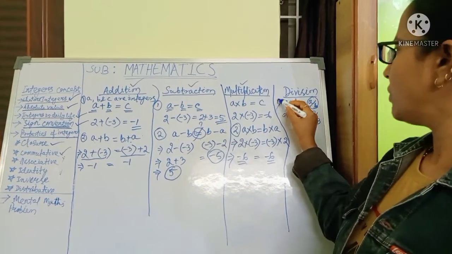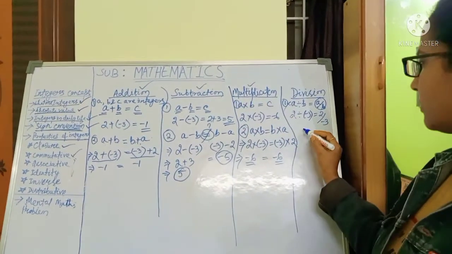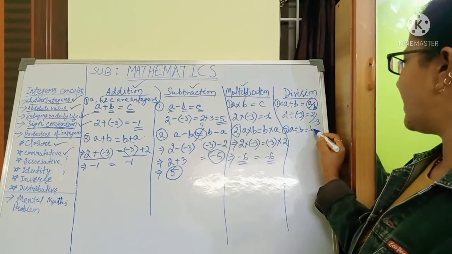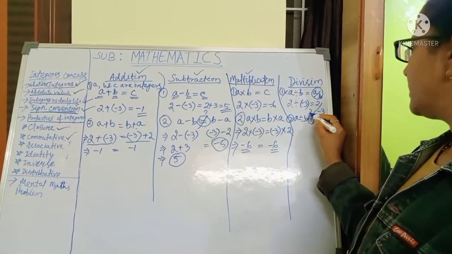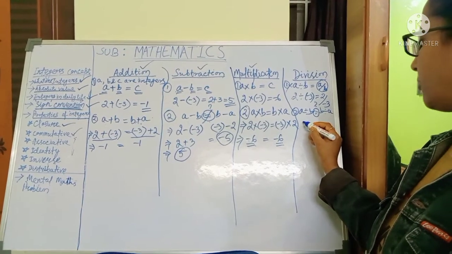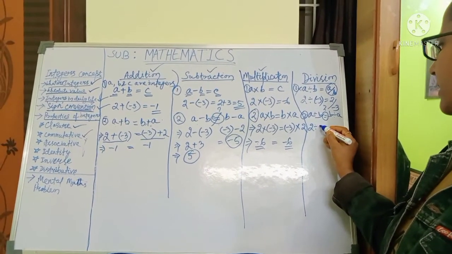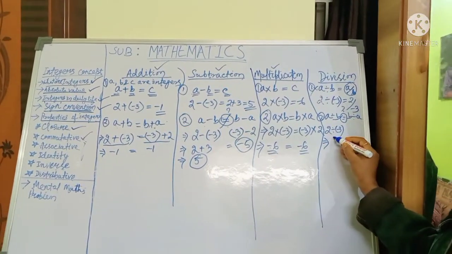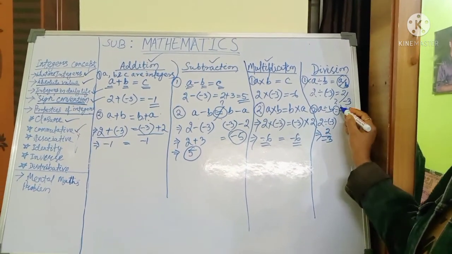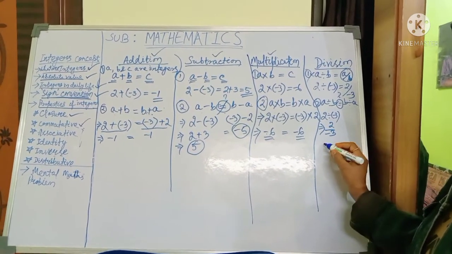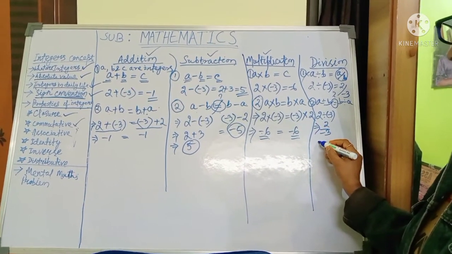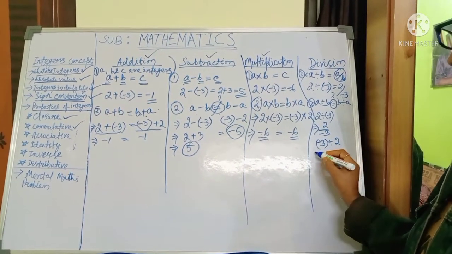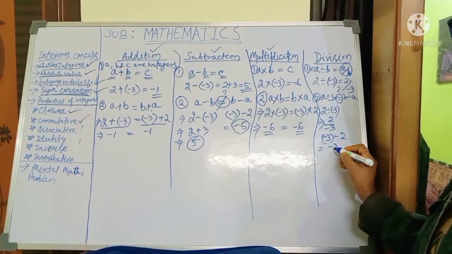So now we'll check for division. Is a divided by b equal to b divided by a or not? If I take a equal to 2 divided by b equal to minus 3, the result will be 2 by minus 3. On the right hand side, it will be b divided by a, which is minus 3 divided by 2, giving minus 3 by 2.